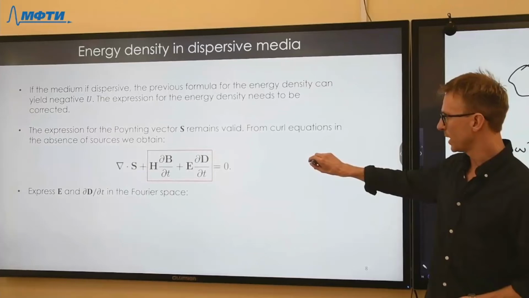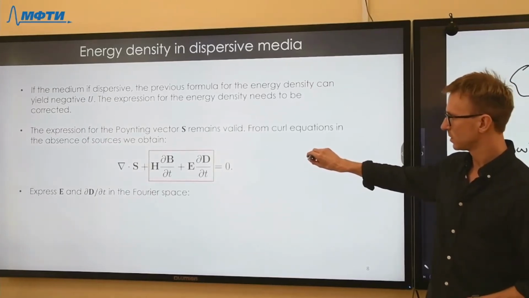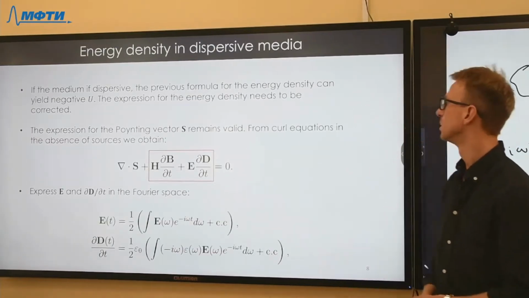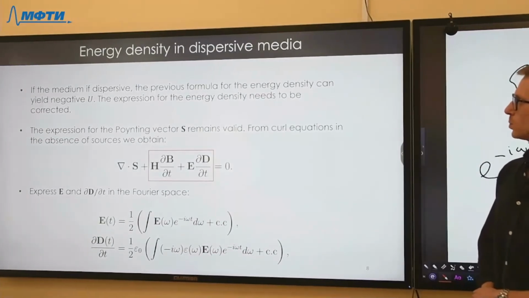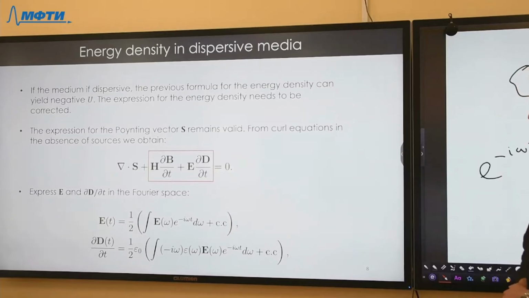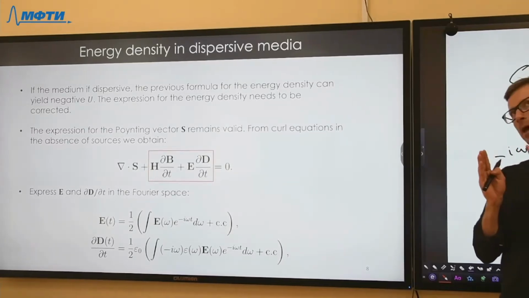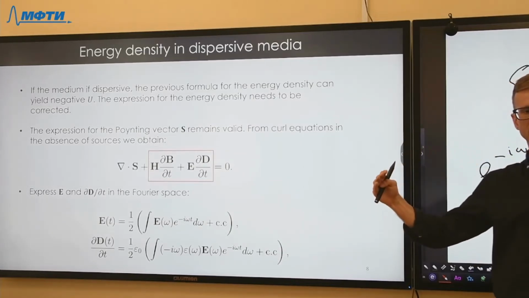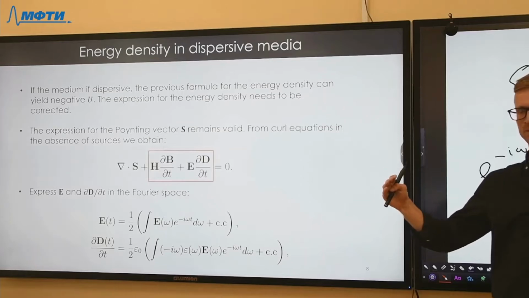And the way we do this is the following. So what we're gonna do is consider a wave packet. Instead of an arbitrary monochromatic or time varying field, we're gonna consider a narrowband wave packet, which describes a slowly varying electromagnetic field, slowly varying in time.